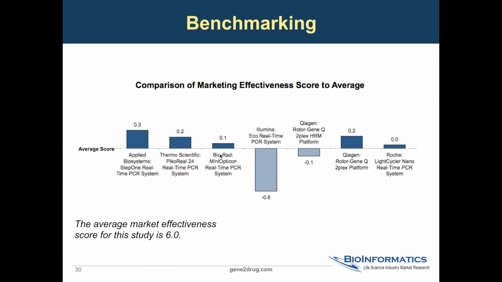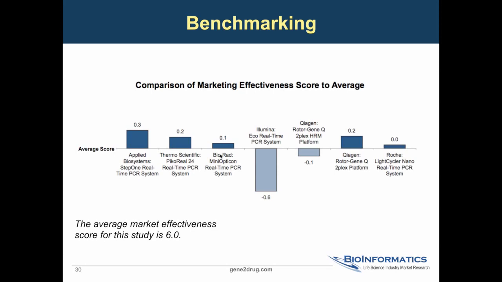Again, from our earlier discussion, you'll remember that the marketing effectiveness score combines the power of brand familiarity with the clarity and believability of the marketing message. Applied Biosystems is the market leader in real-time PCR instrumentation. Illumina is best known for microarrays and next-generation sequencing.